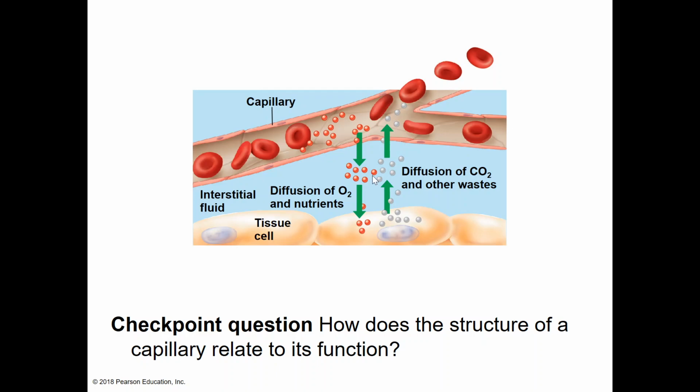So you can see they flow right out of those thin walls of the capillaries, and then can be taken up through the cell membrane. And we talked in BIOL 101 about how cell membranes allow for the passage of gases and nutrients across the cell membrane.